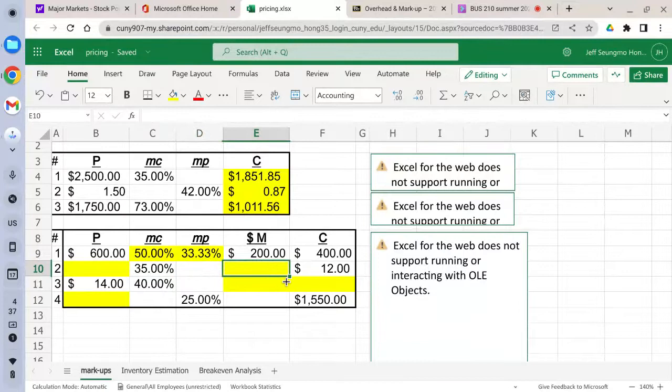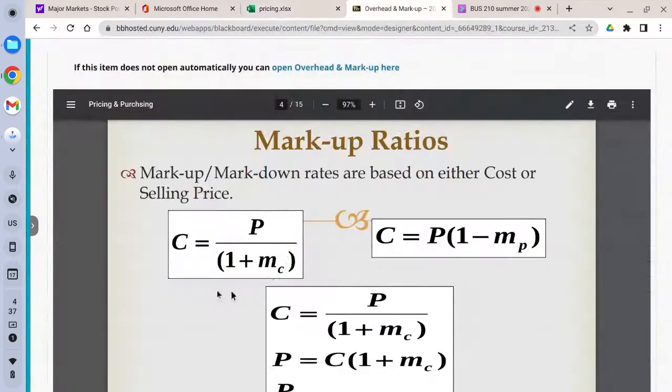Okay, the next. The markup rate based on cost is 35%. Now, what should be the price? Remember, this is the formula for cost when markup rate is based on cost. Then price is what? C times this, if you solve this for price.